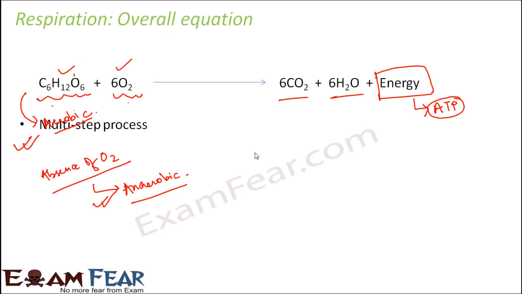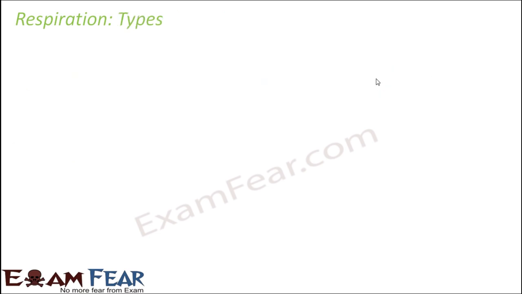So better utilization of energy will be there in a multi-step process. So this equation doesn't happen in one step, but there are several steps involved whereby glucose gets converted to carbon dioxide, water and energy. This energy produced is utilized for ATP synthesis, as I mentioned.